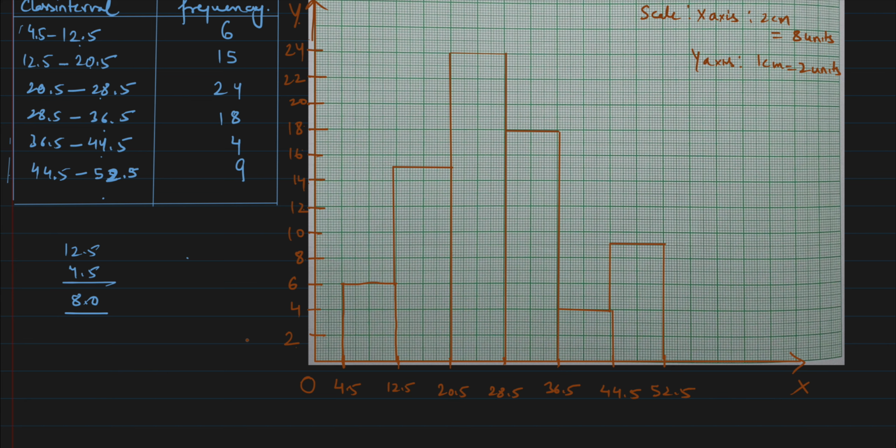I hope that's okay, students. Yeah, so that's a histogram. We have completed it. So here we will write class interval for the x-axis, and here it is the frequency. So done with the histogram.